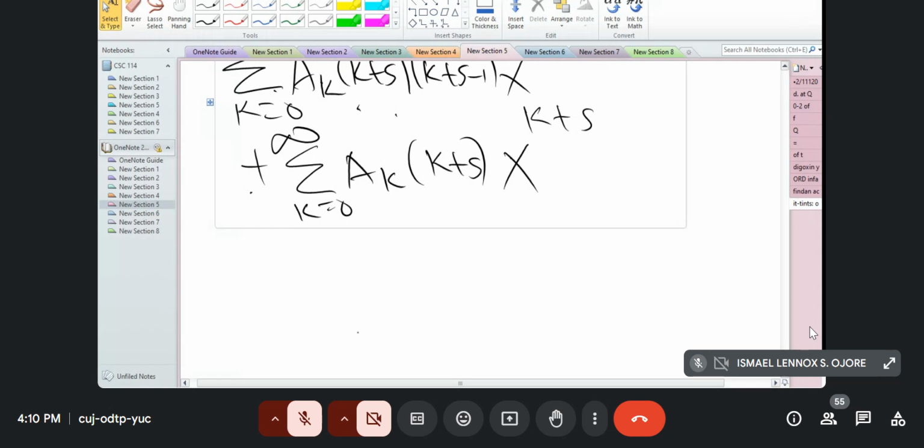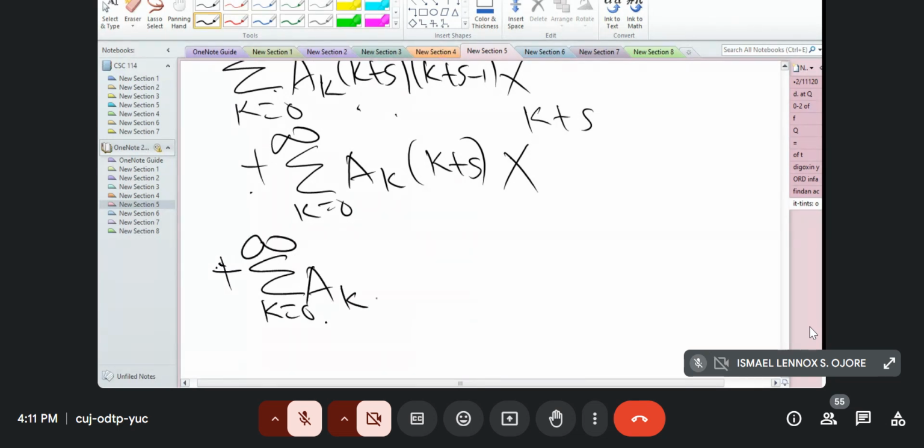So starting with the x squared, plus summation from k is 0 to infinity, a_k x to the... You're combining x squared and x to the k plus s.